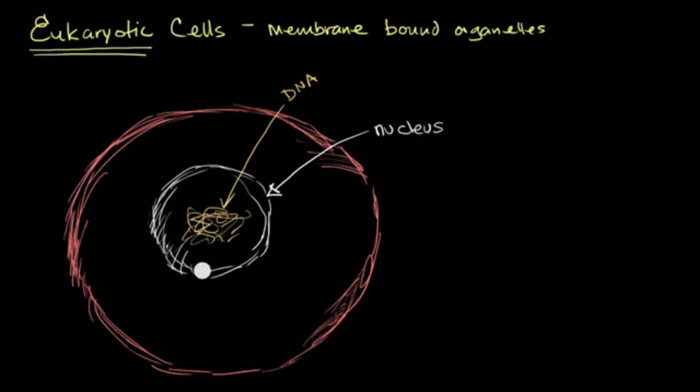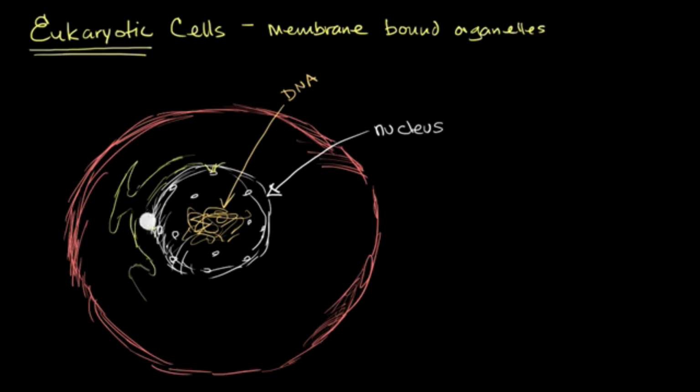Now the nucleus, it turns out, is connected to another membrane-bound organelle, and we're going to study this in future videos. Right here I'm drawing holes or pores in the nuclear membrane, and those pores connect to something, it's a very fancy word, called the endoplasmic reticulum. And the endoplasmic reticulum is essentially these layers of these membranes. So I'm going to do my best job at trying to draw an endoplasmic reticulum.